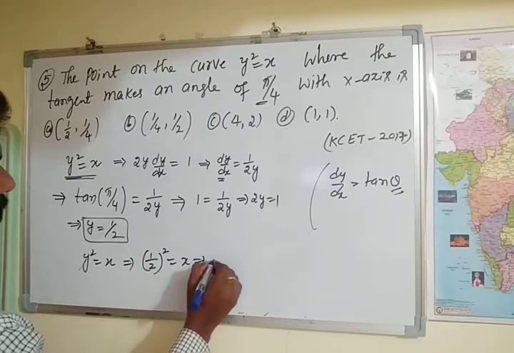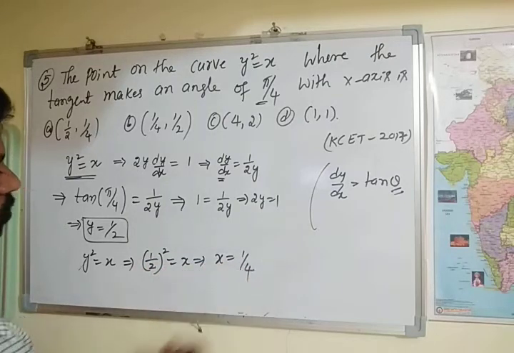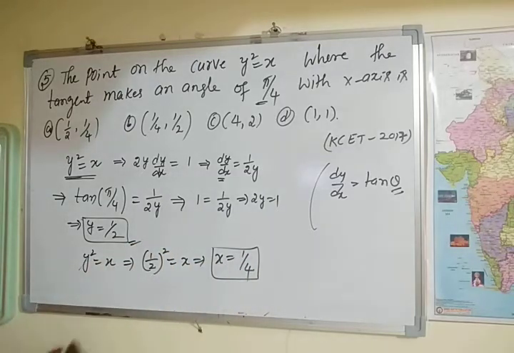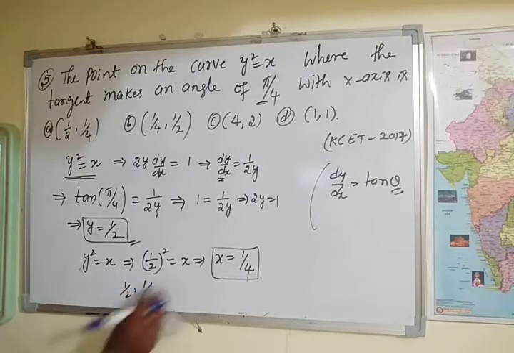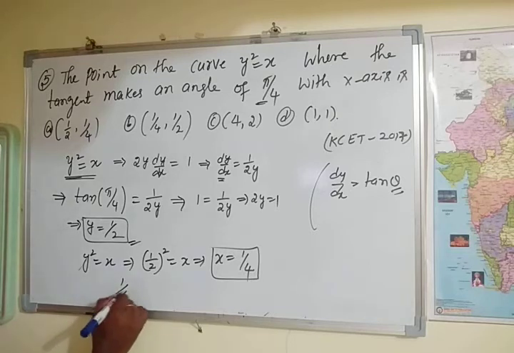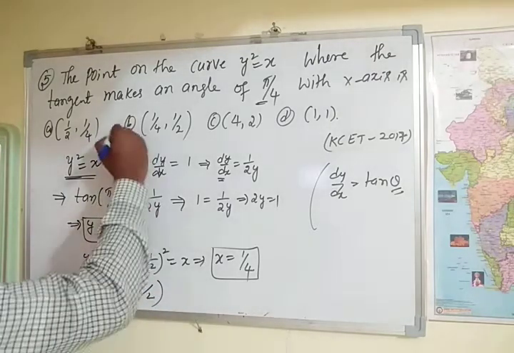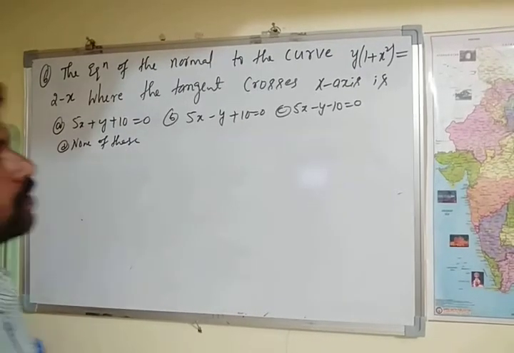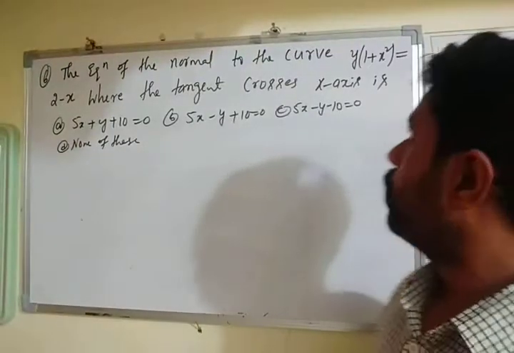This implies x is equal to 1 by 4. So x is 1 by 4 and y is equal to 1 by 2. The point on the curve is 1 by 4 comma 1 by 2. Option B is correct.